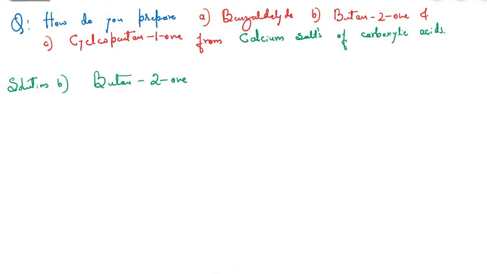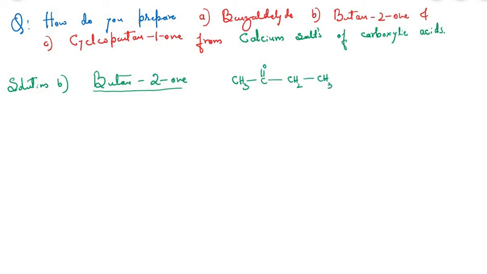So in this solution B, butan-2-one, let us first write the structure of butan-2-one, that is CH3 C double bond O, then followed by CH2, then followed by CH3, right students? 4 carbon, so I have to just erase here, so that has to become CH3. So altogether 4 carbon atoms.